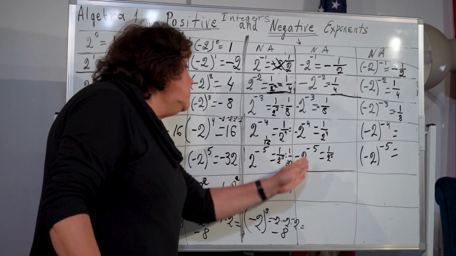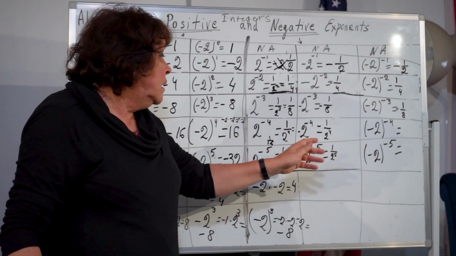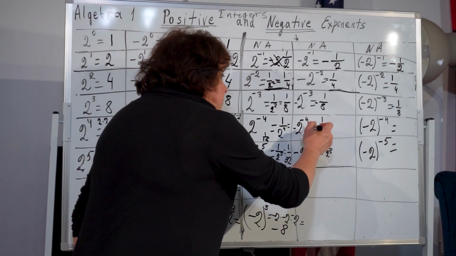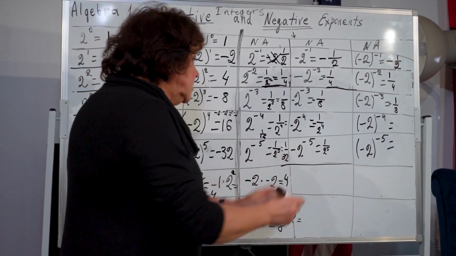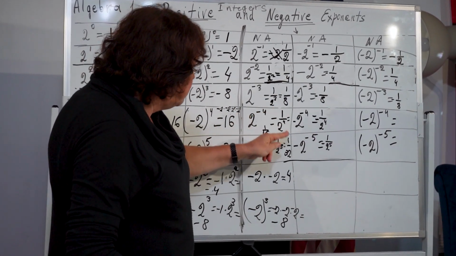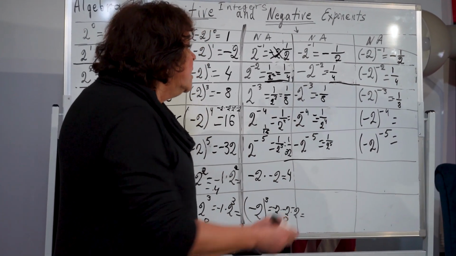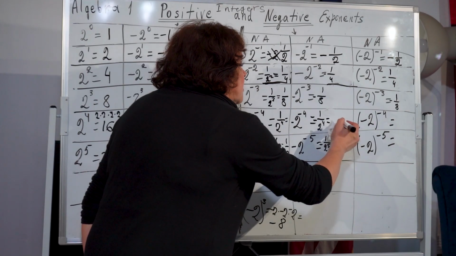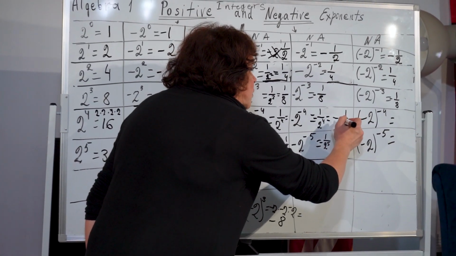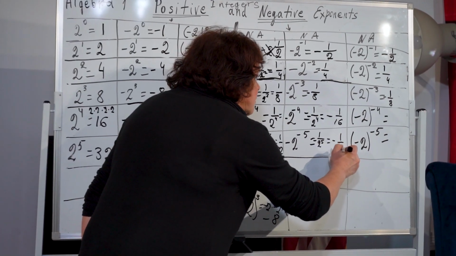But because we don't have parentheses here, we don't care. Negative becomes negative. See, both positive, the answer positive. Negative, the answer is negative. So here the final is going to be negative 1 over 16, and here it's going to be negative 1 over 32.